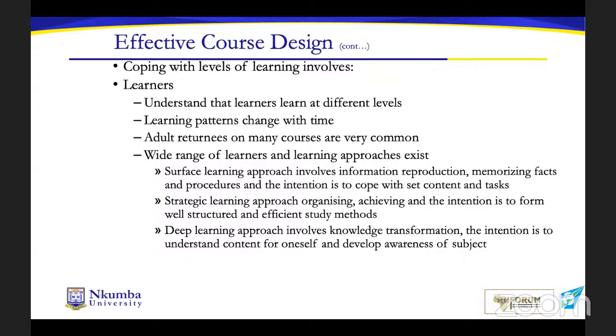But then there is another one called the strategic learning approach, which involves organizing and achieving. Its intention is more to get you structured in your way of learning and to avail as many methods as possible of how you can learn.